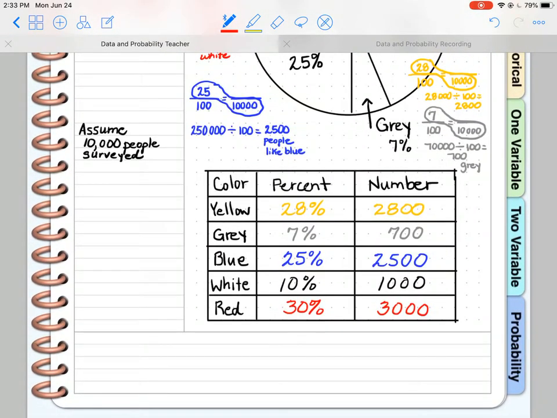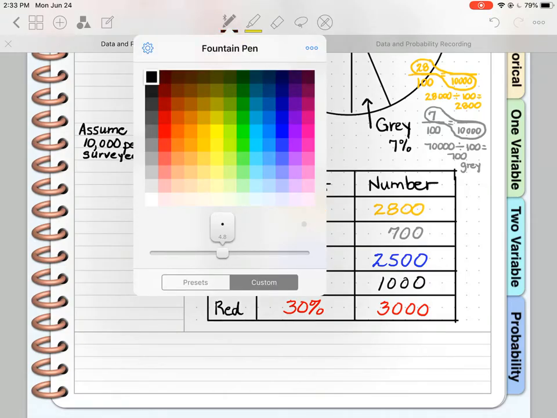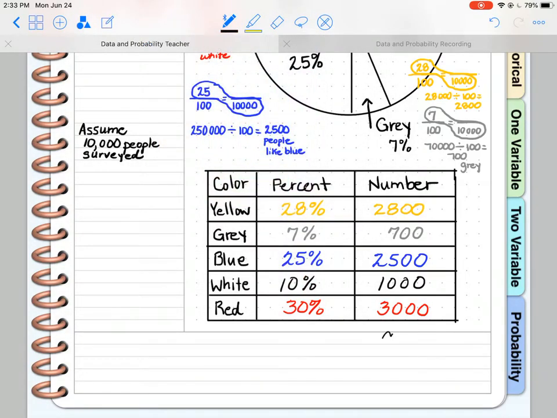Now, just out of curiosity, what should I come up with if I add this column? If I add up the numbers, which represent the actual people that I called on the phone, what would I come up with? So let's do that. 2,800 plus 700 plus 2,500 plus 1,000 plus 3,000 equals 10,000.